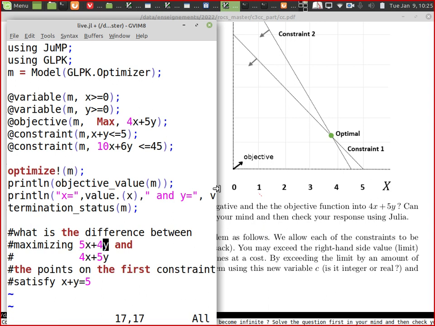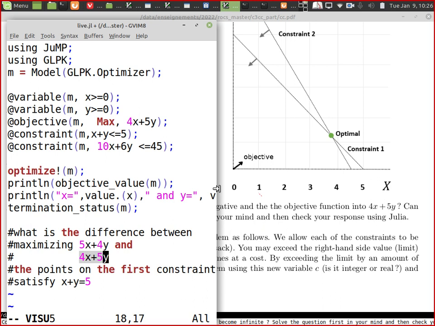But if you have 4x plus 5y, if this is the money you will get, you will have interest to have less x and more y. Do you understand me?